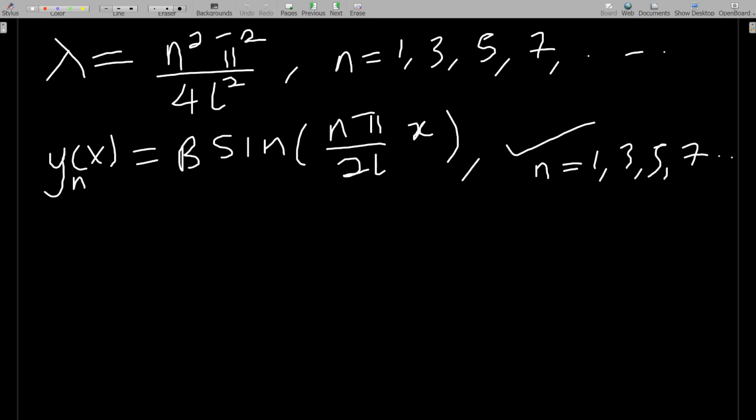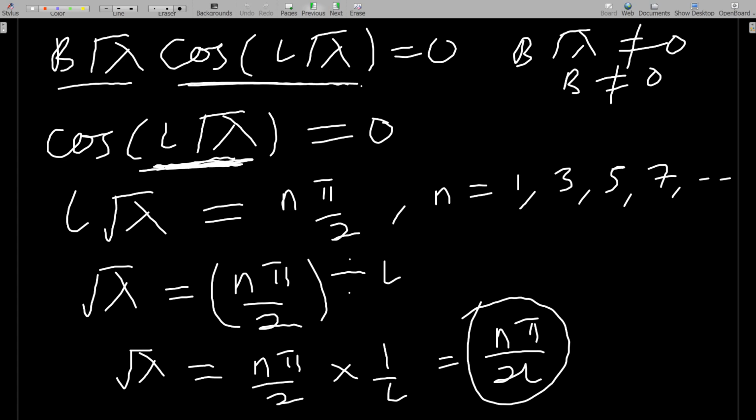This is the solution we had for it. So the answer to the first question, part A, the values of lambda for which the differential equation has a non-trivial solution, is when lambda is greater than 0. That is all for the first case.